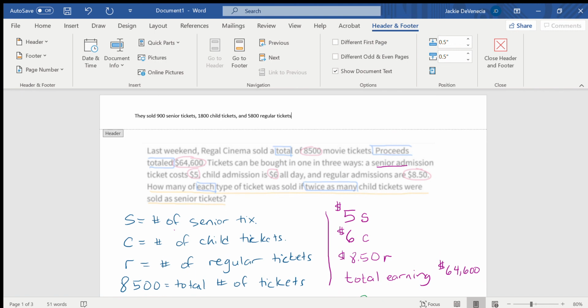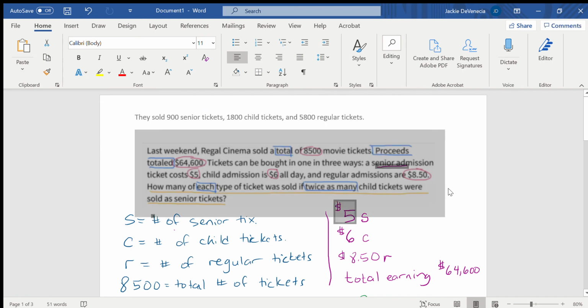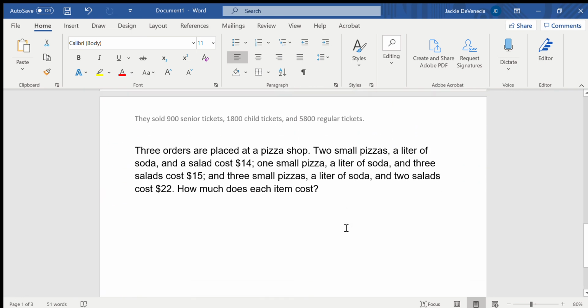If we want to put a sentence in. Let's just make this a little bigger. Okay, so that's the answer to this question we did in class. So it took a while, but we were able to finally find that answer.